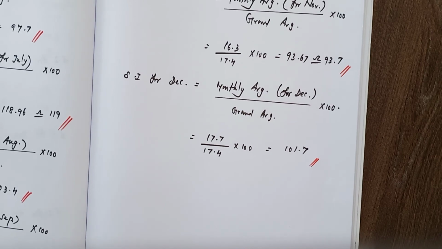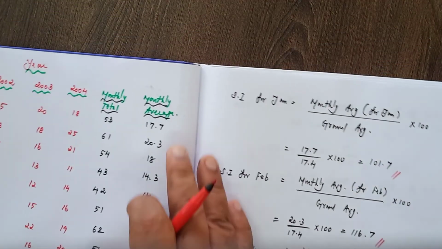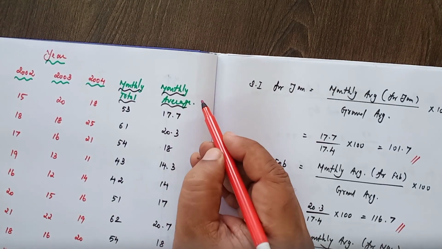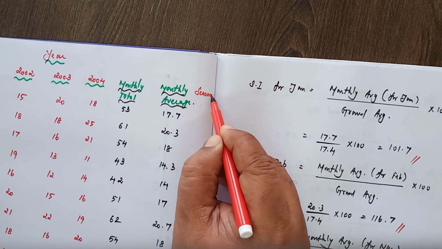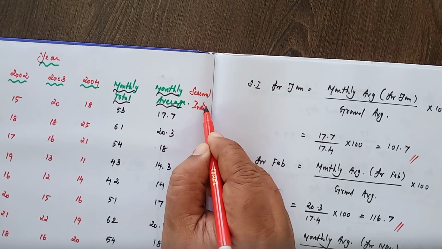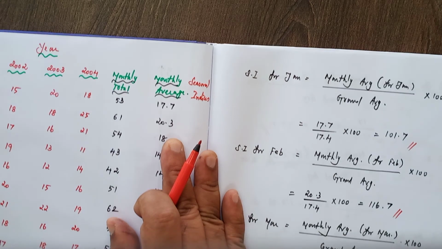Okay. So I write all the index values in the last column here, seasonal indices. The first one is 101.7.